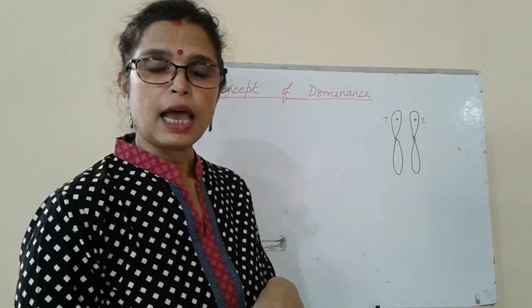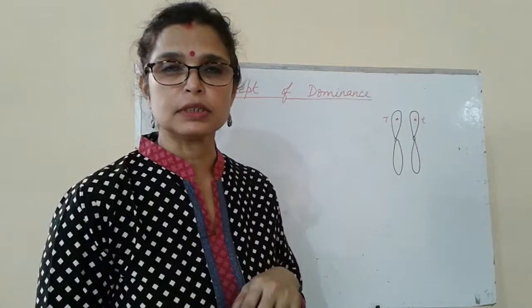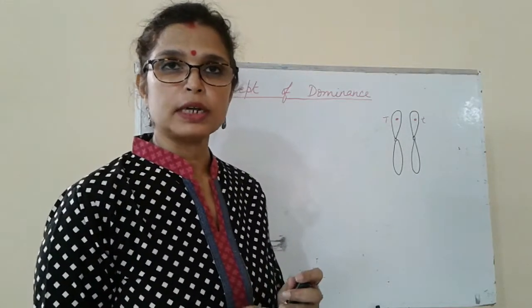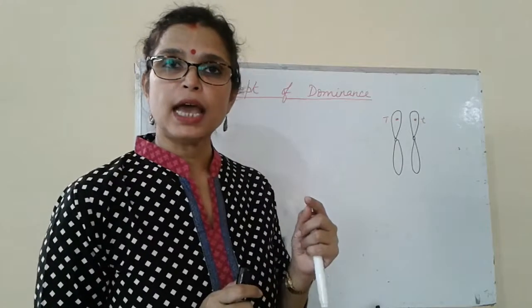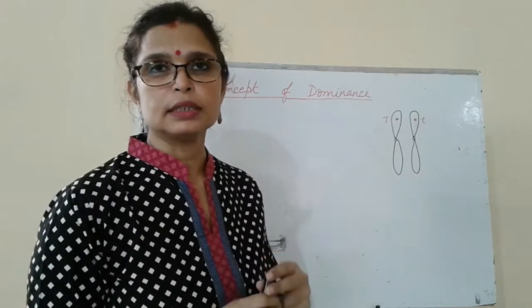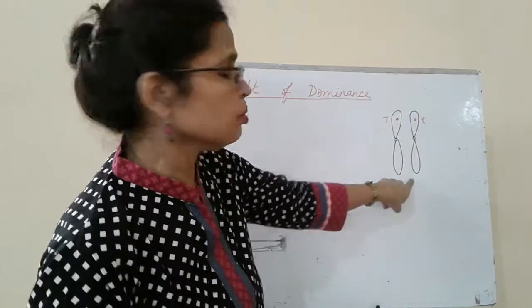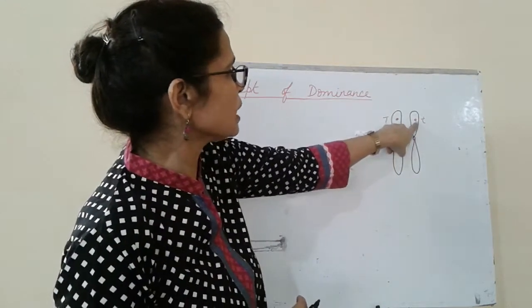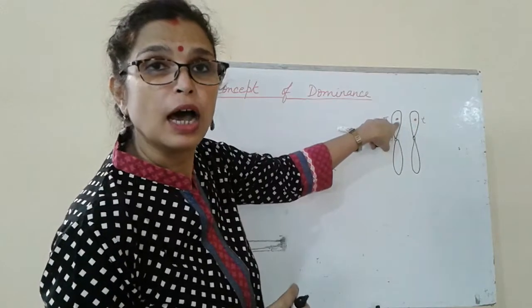Every gene has coded information for a particular trait, and in a diploid organism, every gene has a pair of alleles. Suppose these are the homologous chromosomes, and on these homologous chromosomes, the alleles are present here for the height.